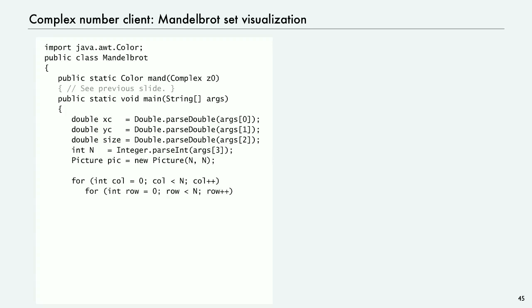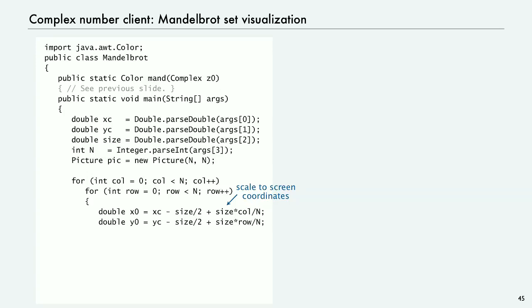And then as usual, for every pixel, that's for every column and every row, we're going to scale to get our x and y. And that's the standard scaling to convert our x and y into points in the plane.